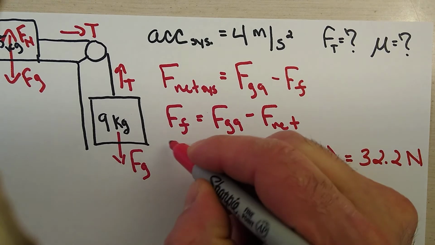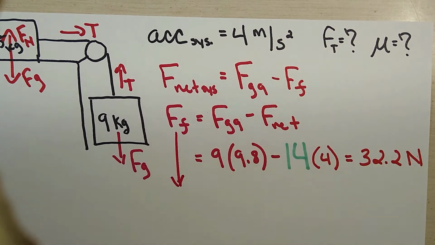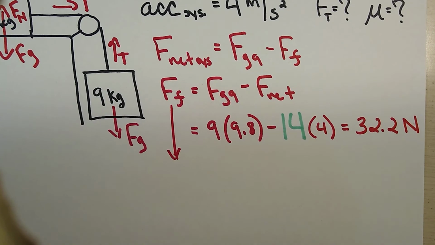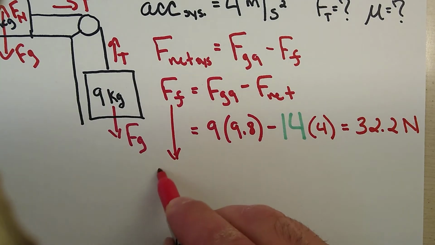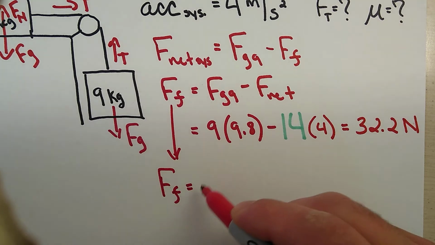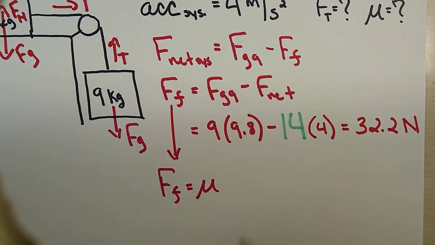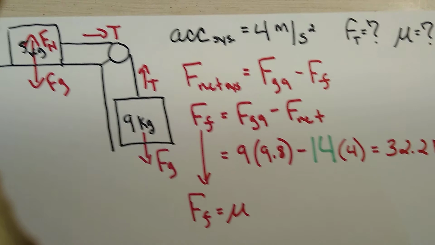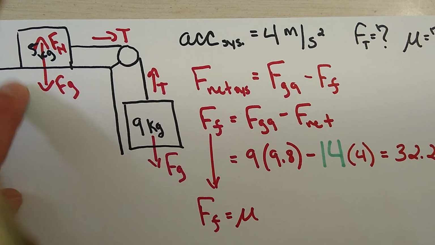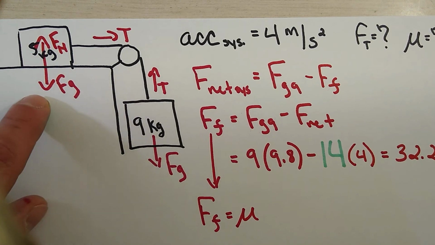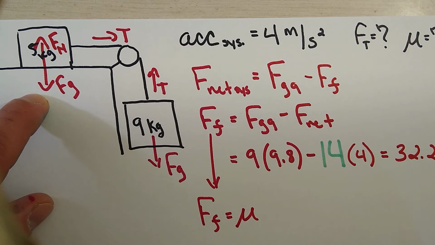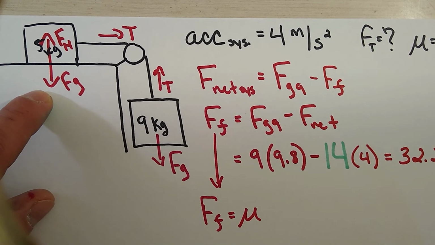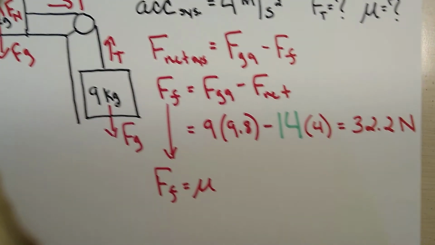And now let's also recall a formula for frictional force. Frictional force is, of course, the coefficient of friction times the normal force. And so what is normal force? Well, we can see on our diagram here is equivalent to the value of the gravitational force in this circumstance on that horizontal surface.